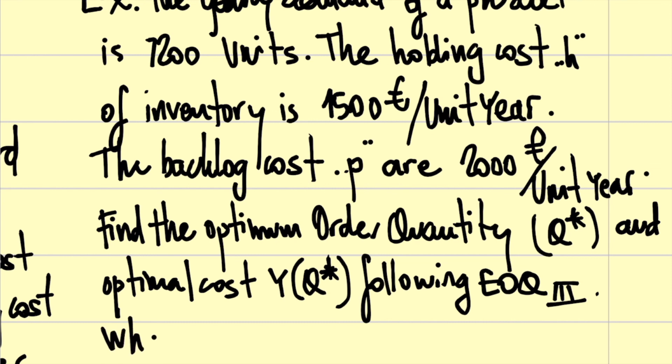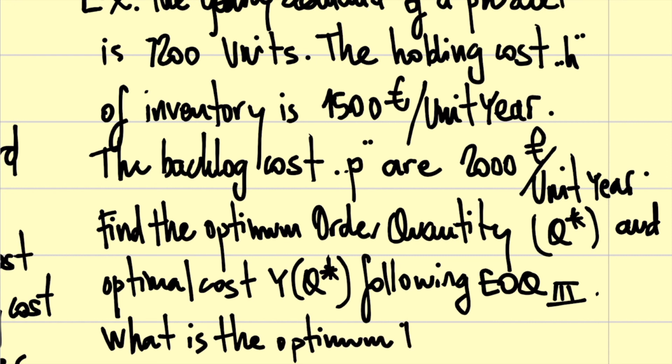Also, what is the optimum backlog, meaning Q star minus S star?